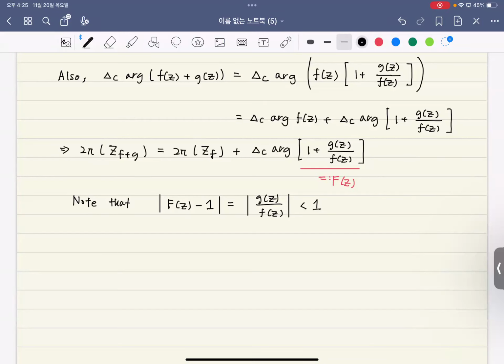This is the domain, and this is the codomain of the function f. And this is the curve C that we are talking about. This inequality tells us that the image of this curve C must be another closed curve in the w plane.